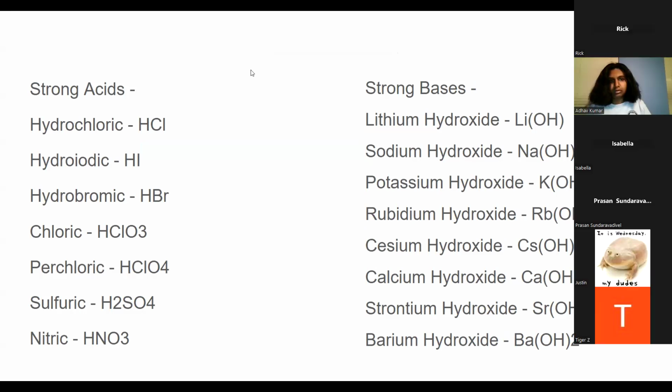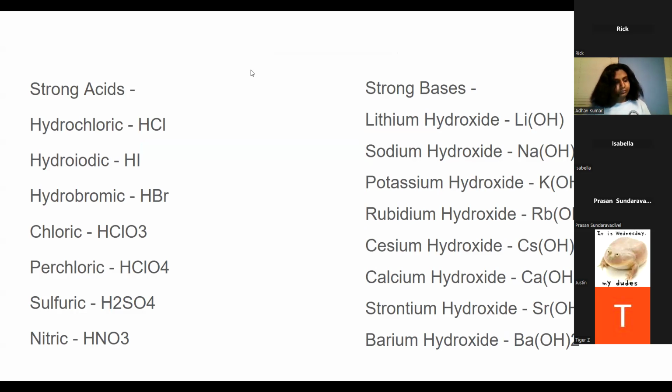Sure. So, as we learned, strong acids, according to the definitions that you'll find the most, give us their hydrogen, right? They give it up to whatever they're in a solution with.